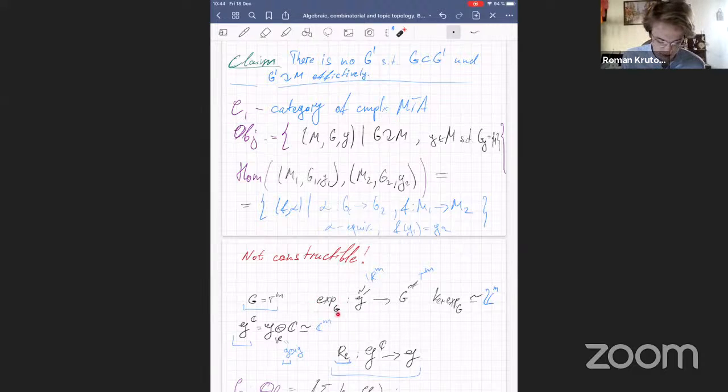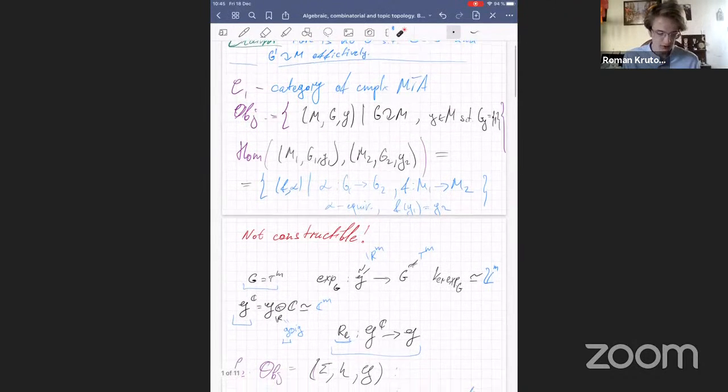The kernel of this exponential map we can think of as a lattice, isomorphic to Z to the power m.